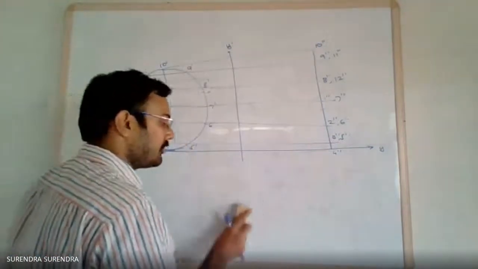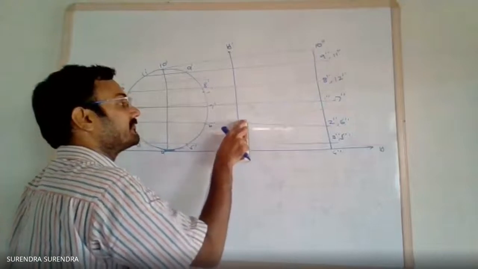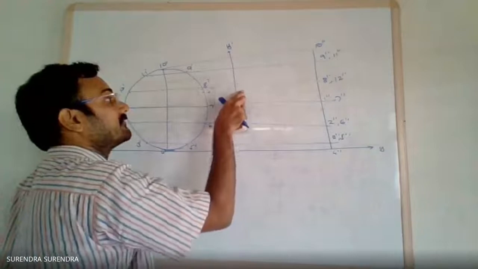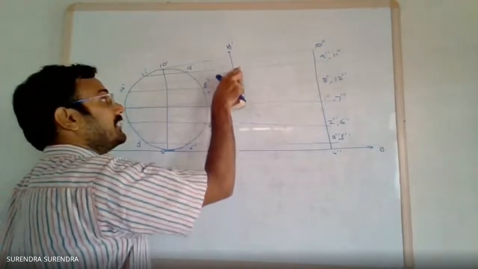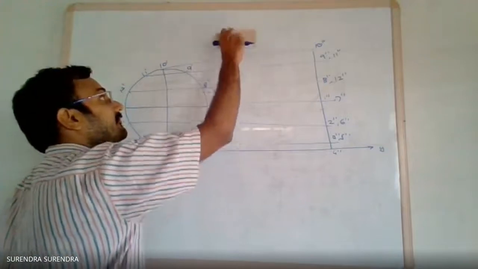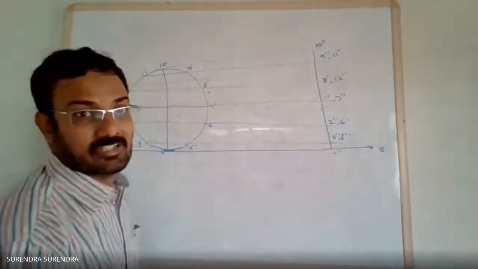And one more thing, don't draw the XY line initially. Only draw the x1 y1 line, don't draw the XY line. And this distance should be around 5 to 6 centimeters.